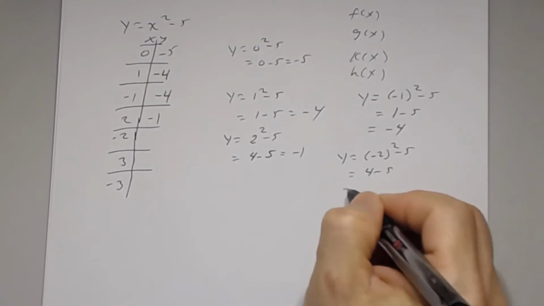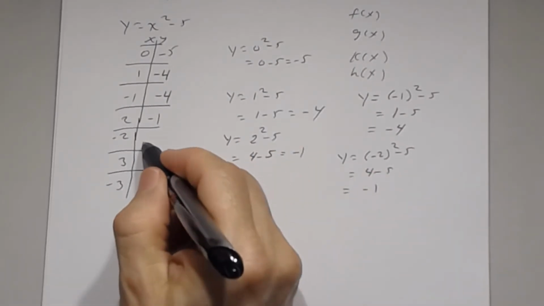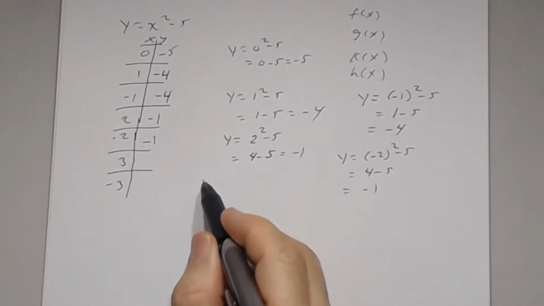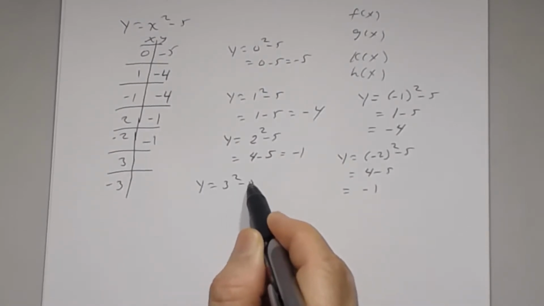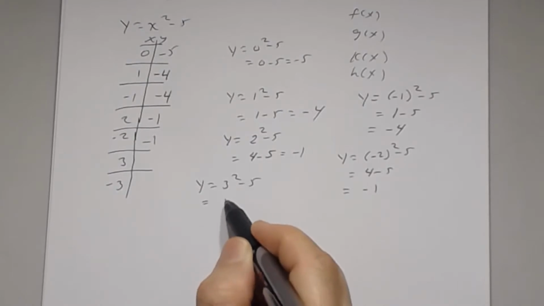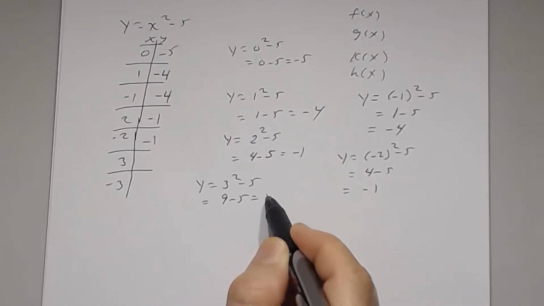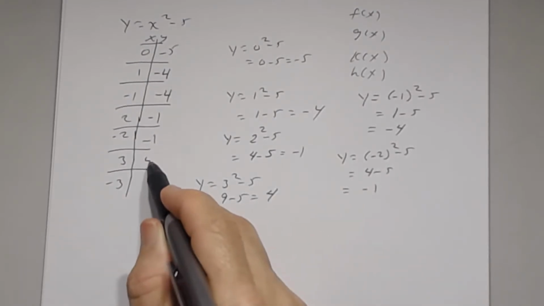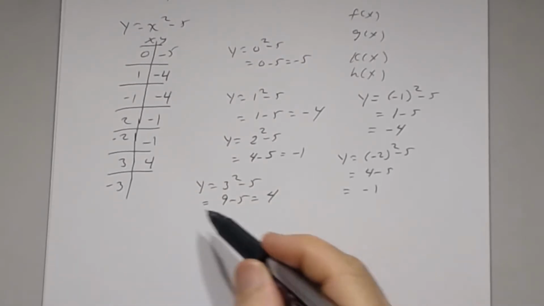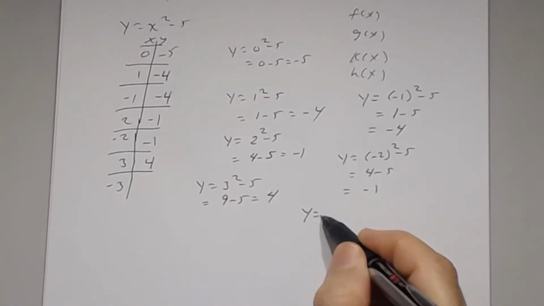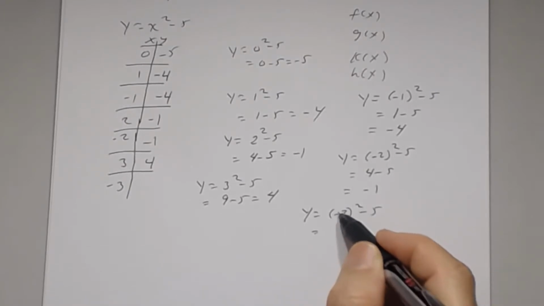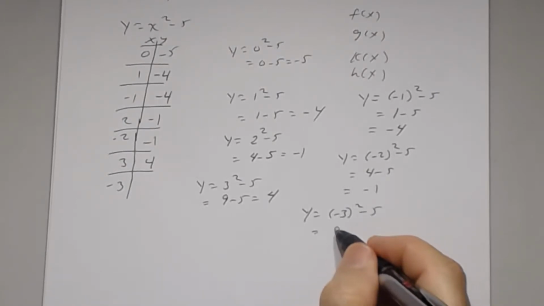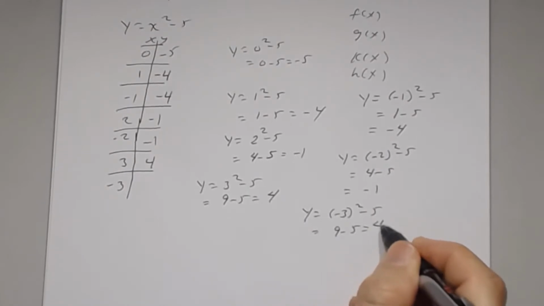And 4 minus 5 is -1. If x is 3, I get y equals 3 squared minus 5. What's 3 squared? 9. 9 minus 5 is 4. If x is -3, I get y equals (-3) squared minus 5. -3 times itself is 9. And 9 minus 5 is 4.